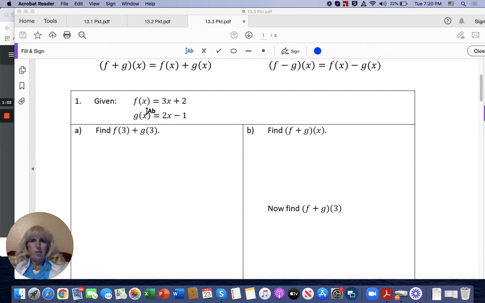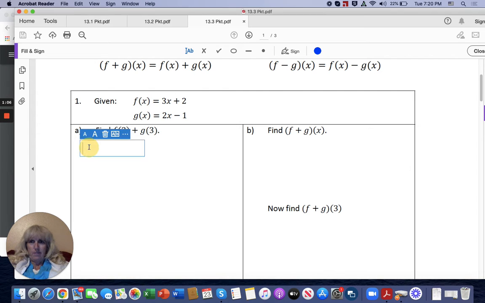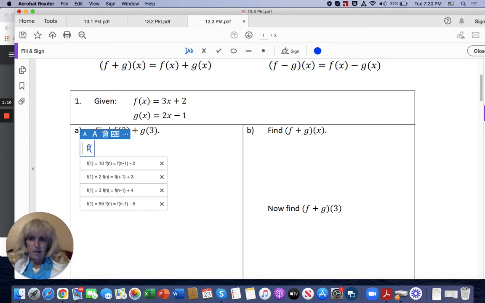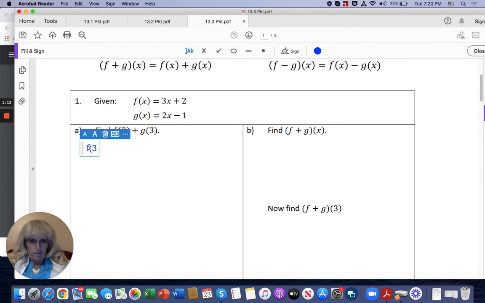So we're going to put 3 into this function first. So f of 3 equals 3 times 3 plus 2. And that would equal 9 plus 2 equals 11, okay?